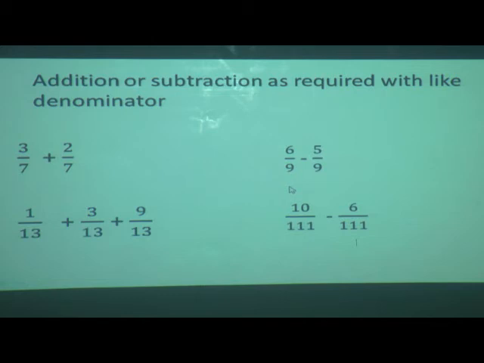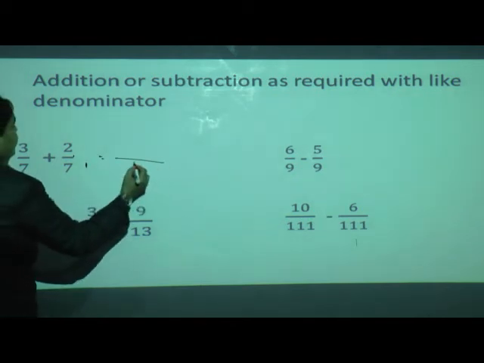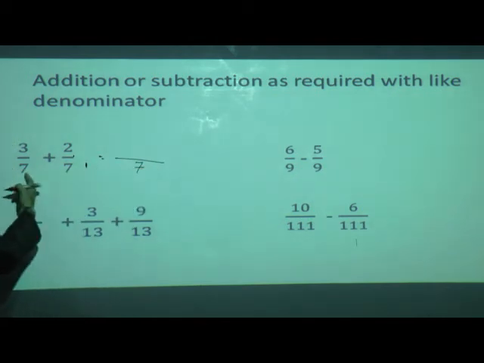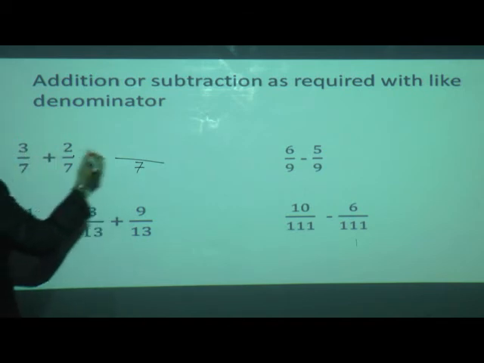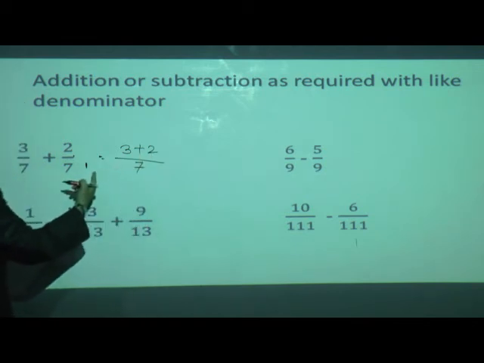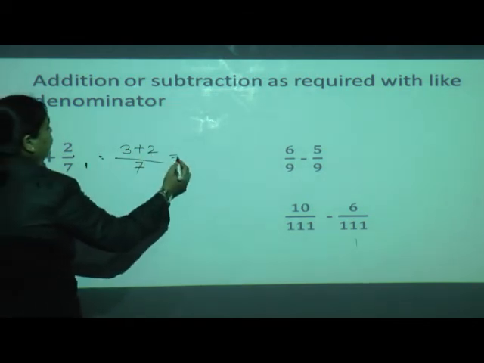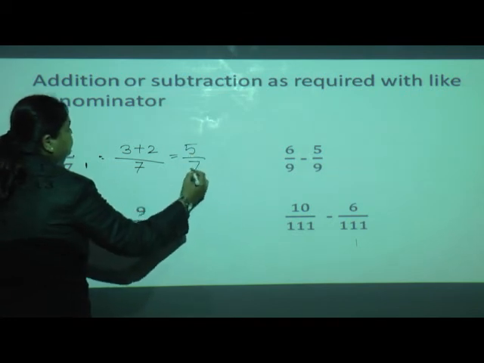Here the two fractions given to us are 3 upon 7 plus 2 upon 7. The denominators are the same, so you write one common denominator, 7, and 3 plus 2 in the numerator. The operation is addition, so 3 plus 2 is 5 upon 7.